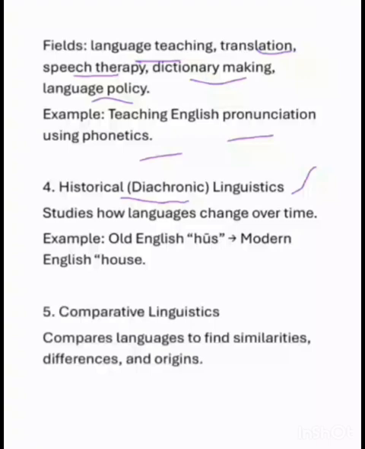So the various changes it came across over time. For example, in Old English we had the word hus. In Modern English we have house instead of hus. So the process of change within the language over time, we deal with that in historical linguistics.